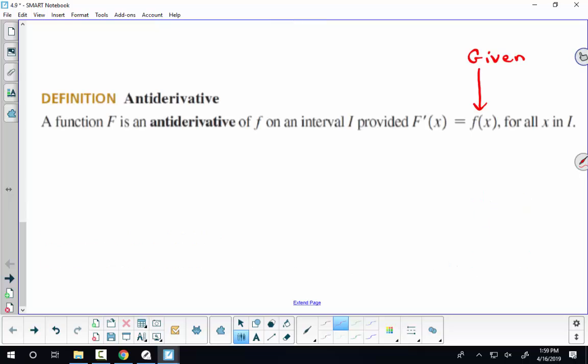So that check is kind of built into the definition. A function, capital F, that's the thing we find. So that's the antiderivative.